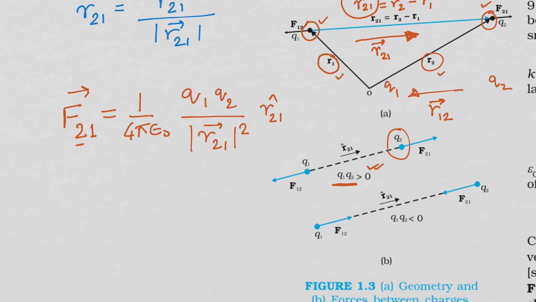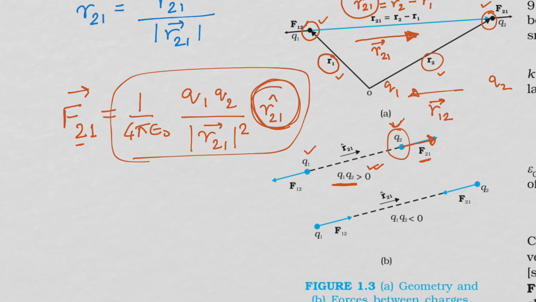So q2 will be pushed further away, and F21 is in the direction from q1 to q2. For that we have the unit vector r21 that we have already established. That's why in the formula, the direction is only given by r21 cap, from q1 to q2.